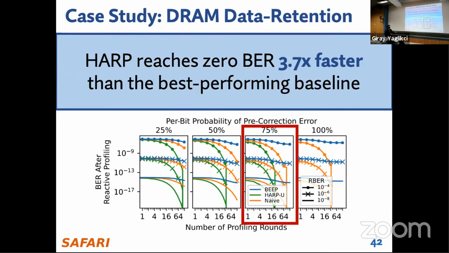The other point to make is that this is in general an idealized picture of how things happen, because we're doing a simulation-based study where we're injecting really nicely behaved errors with fixed error rates and so forth. In the real world, you'll have a big mix of different types of errors, and so we get a whole extra level of complication from errors that are just hard to find for any profiler, ECC or not. If an error is not repeatable, or it occurs with very strange characteristics, or it's very low probability, it's going to be hard for any of these profilers to identify it.